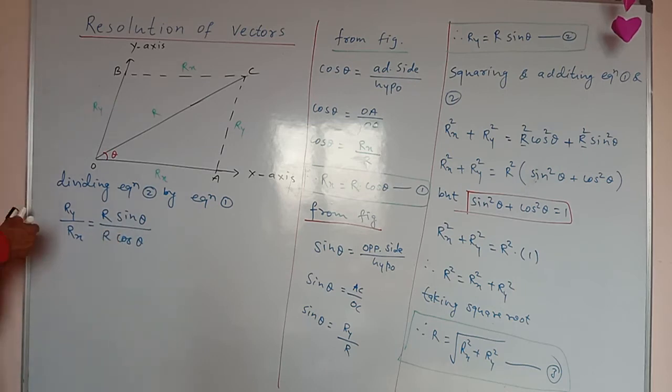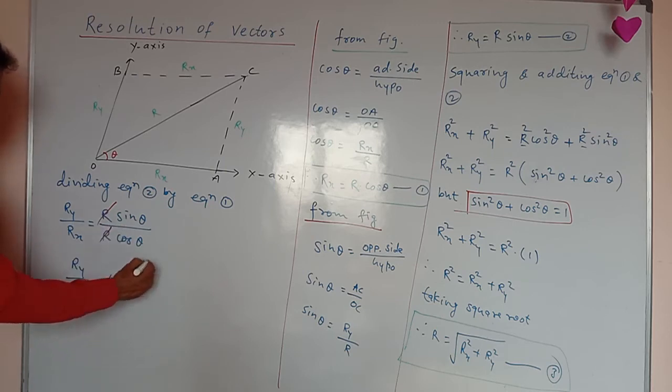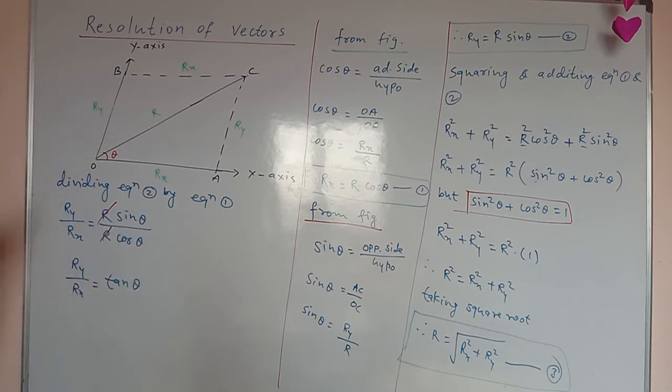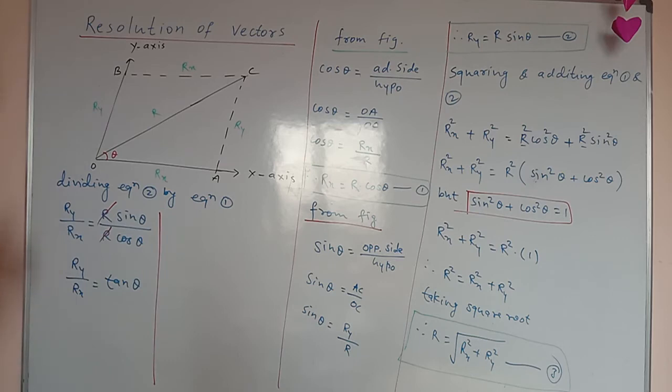Which term will cancel here? R gets cancelled. Then the remaining terms, we can write, Ry upon Rx is equal to sin theta upon cos theta, that is tan theta. Now we have the value of tan theta. The value of tan theta is equal to Ry upon Rx.